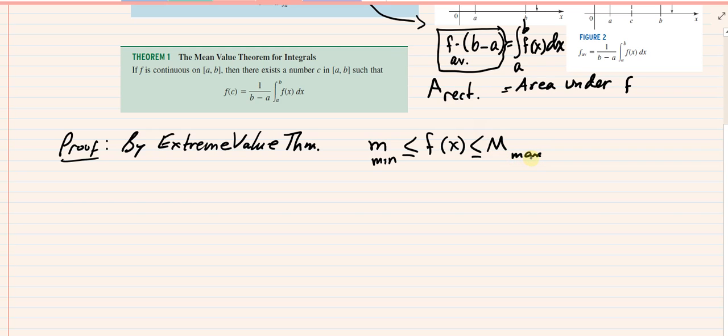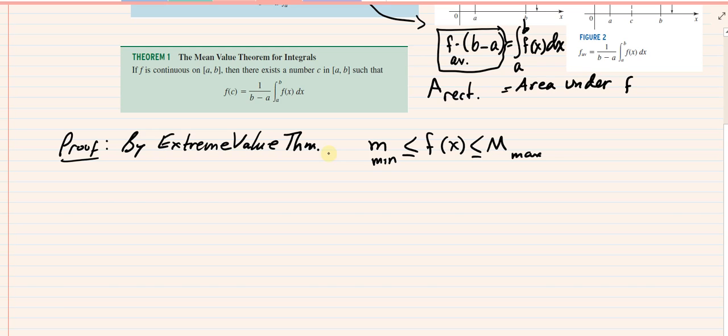Okay, that's the extreme value theorem, that f of x lies between a minimum and maximum. The extreme value theorem guarantees the existence of the absolute max and minimum on a closed interval.